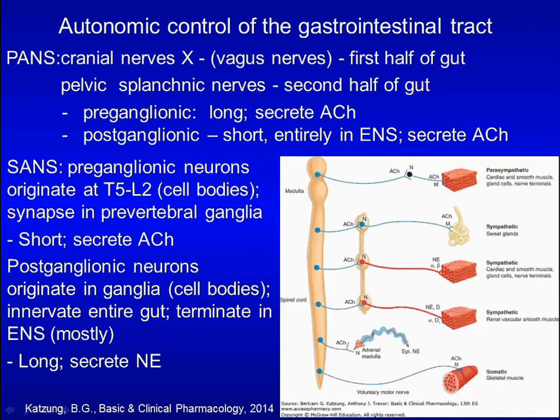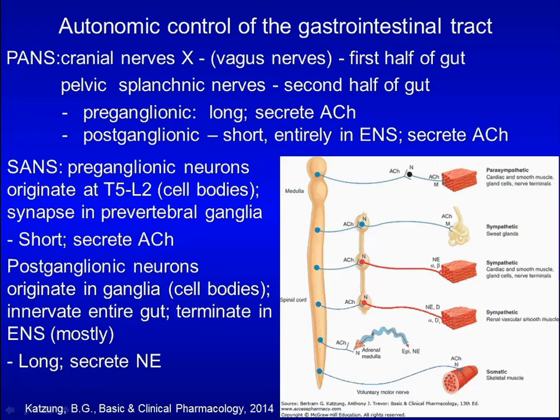As shown in this picture, preganglionic neurons are long. They secrete acetylcholine. Postganglionic neurons are short. Their cell bodies are located entirely in the gut wall. They also secrete acetylcholine.